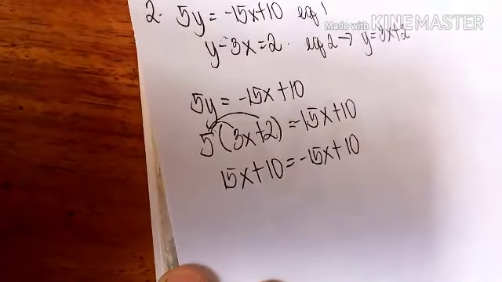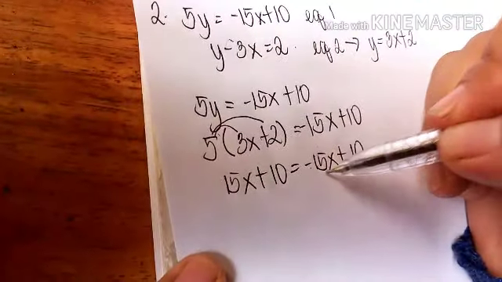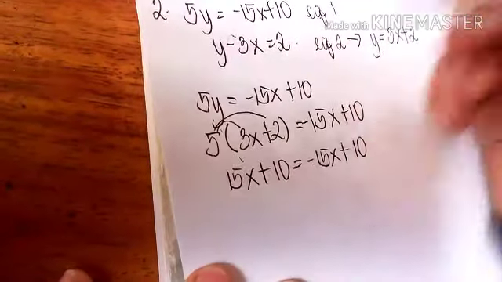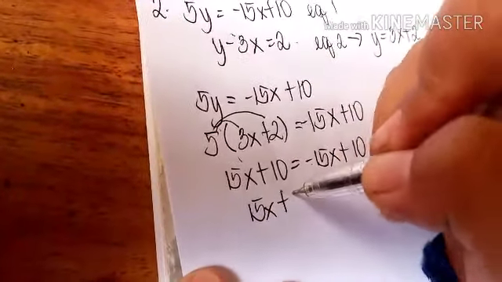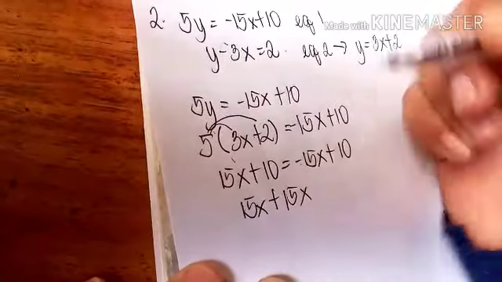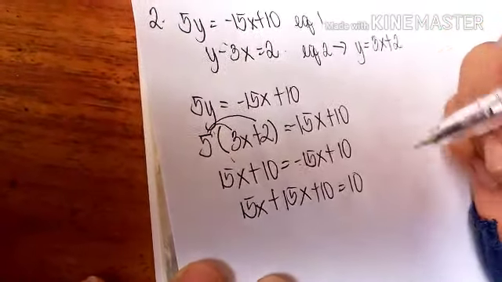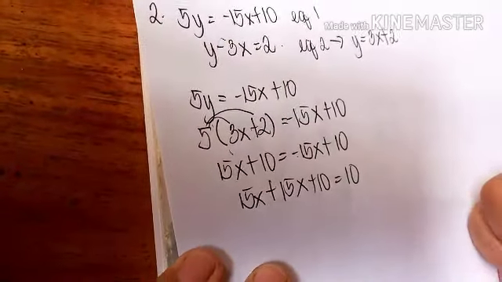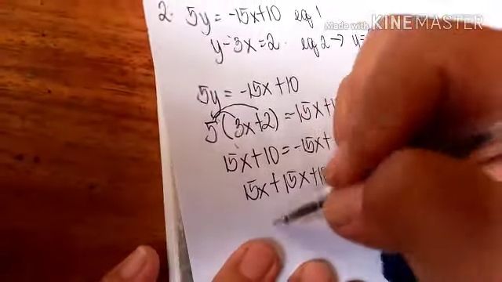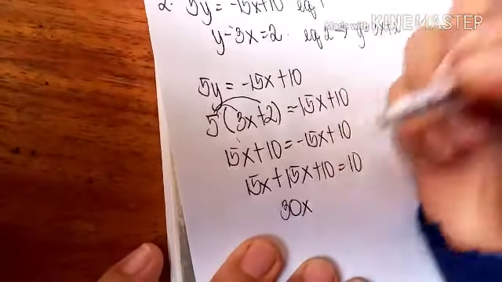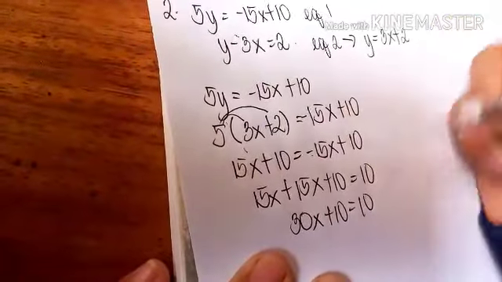Now for us to simplify, we transpose negative 15x to the left side. 15x plus 15x plus 10 is equal to 10. After that, we simplify. 15x plus 15x is 30x plus 10 is equal to 10.